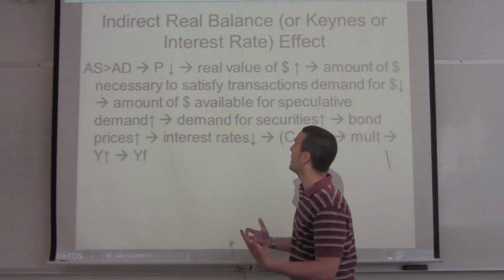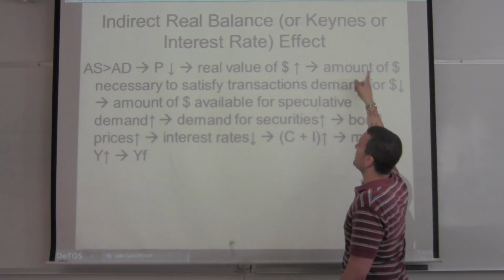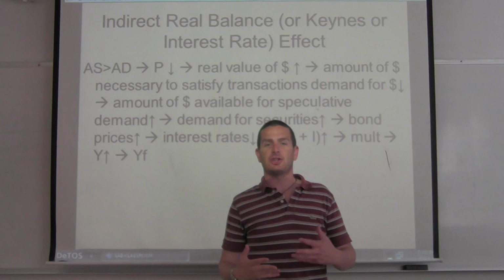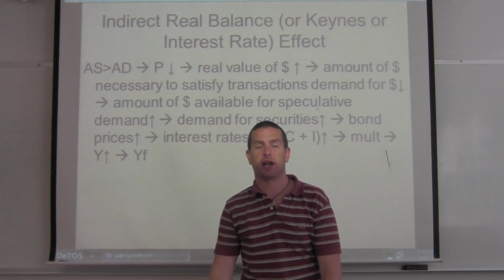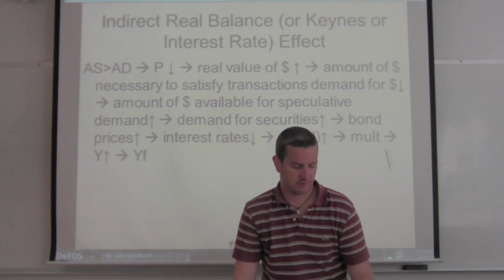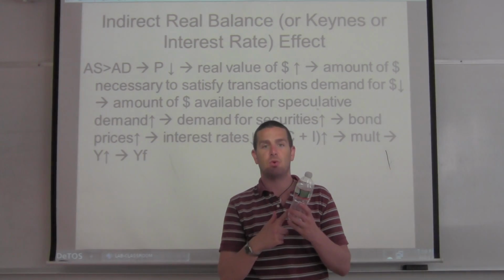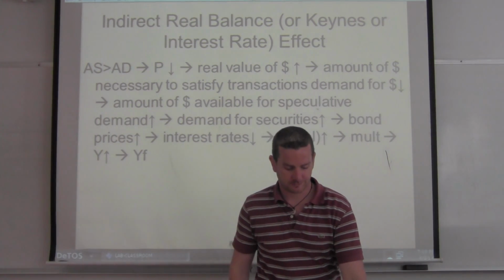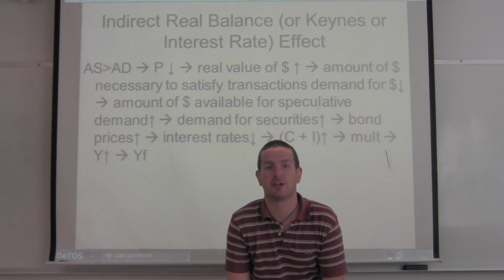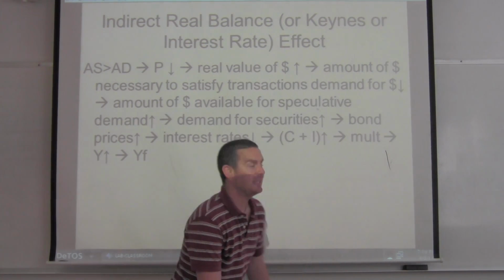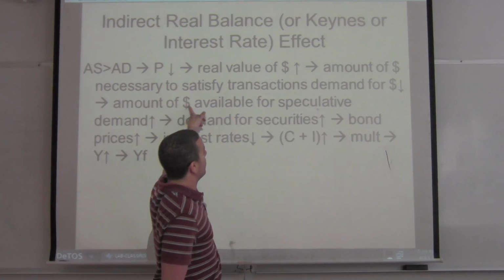You can buy more stuff, which means the amount of money you need to satisfy your transaction and precautionary demands goes down. If the prices of water bottles went down, you don't need as much money to satisfy your transaction demand.